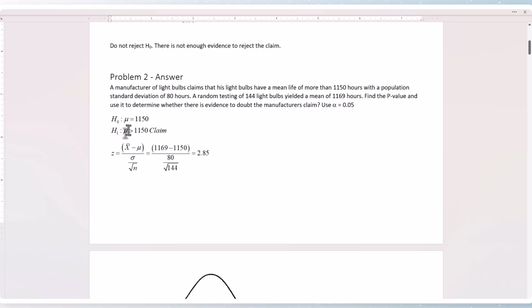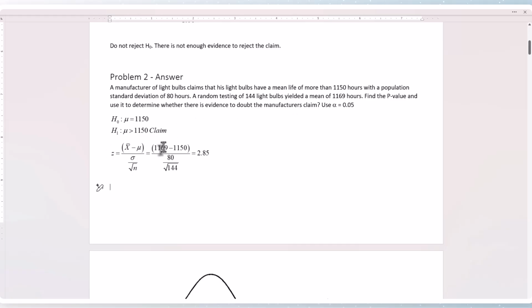So the claim is that the mean is greater than 1150. That's H sub 1. H naught is that the mean is equal to 1150. Once again, this is a z-test because we're given the population standard deviation. So we apply our formula to calculate the test point.